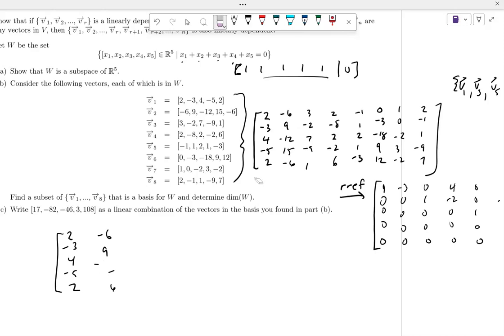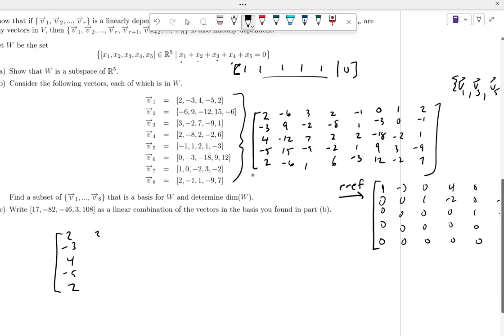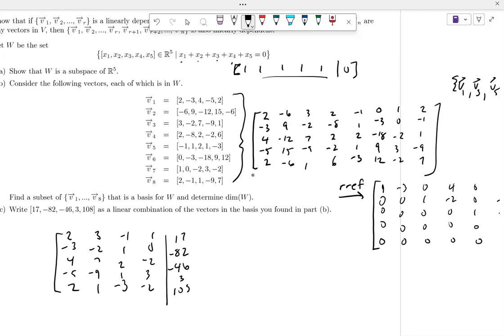Oops, that's not column 3. 3, -2, 7, -9, 1. -1, 1, 2, 1, -3. And 1, 0, -2, 3, -2. And augment it with the 17, -82, -46, 3, and 108. And row reduce.